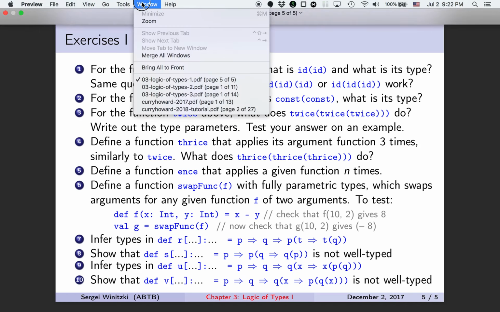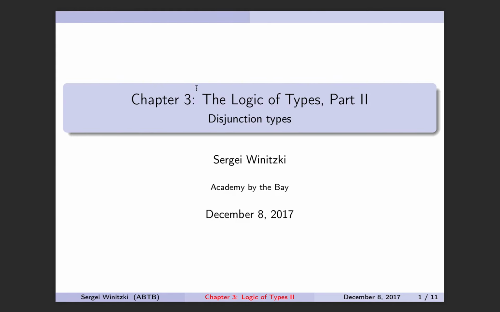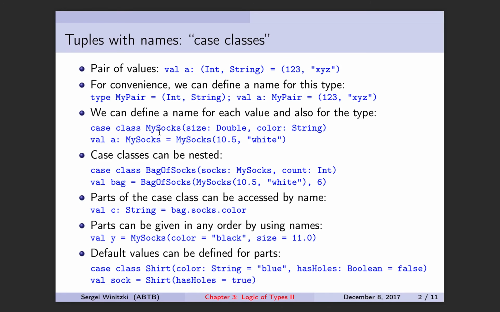The second part of Chapter 3 focused on disjunction types. Before looking at disjunction types, I explain case classes, the so-called case classes in Scala, which are basically the same as tuples except with names.